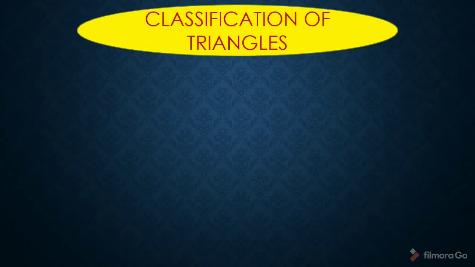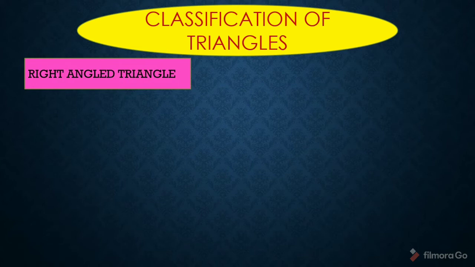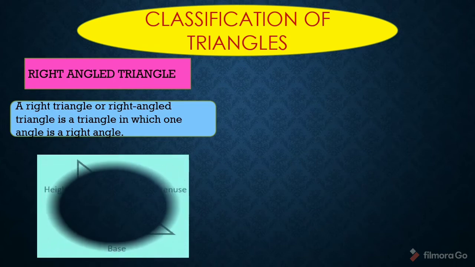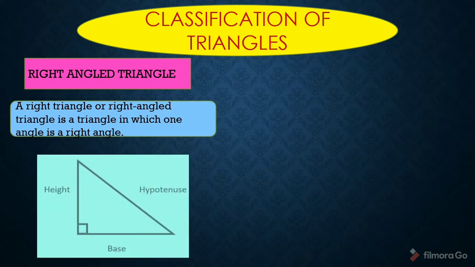The next one, right angle triangle. A right angle triangle is a triangle which has one right angle, and in this right angle triangle we can name the sides of this triangle. Here the angle is 90 degree, so the side opposite to the 90 degree, a right angle, is hypotenuse.